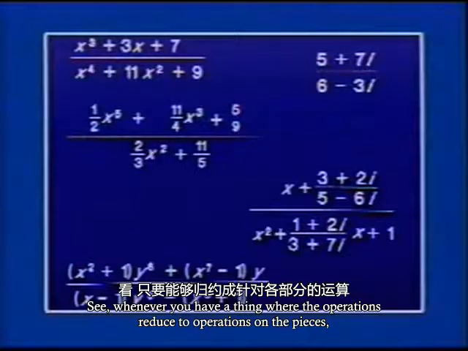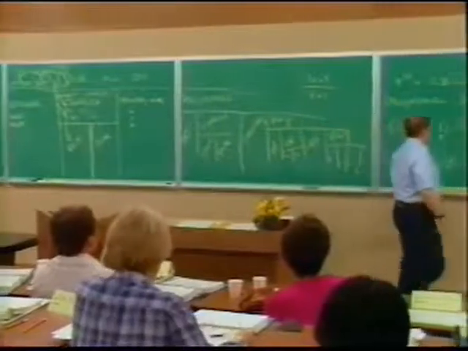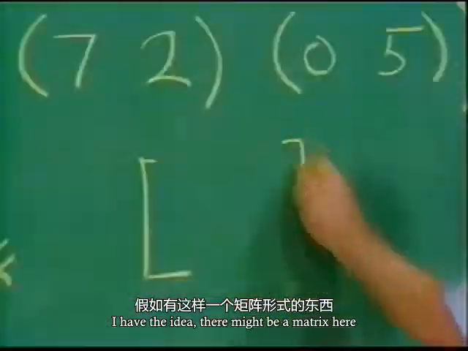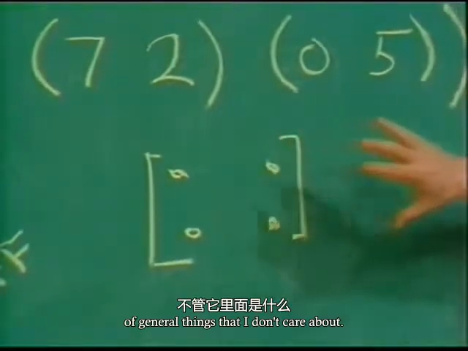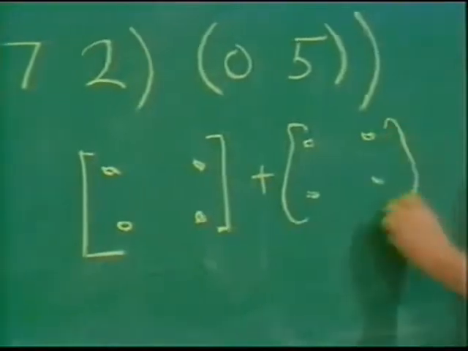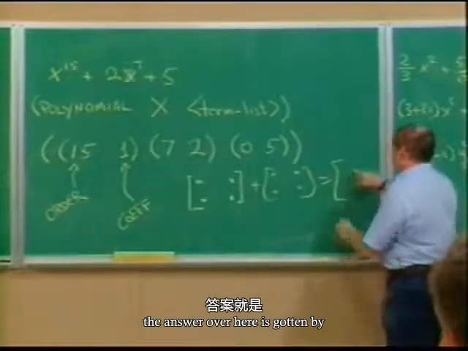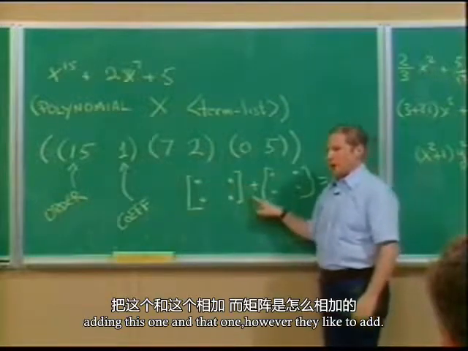See, whenever you have a thing where the operations reduce to operations on the pieces, another example would be 2-by-2 matrices. I have the idea there might be a matrix here of general things that I don't care about, but if I add two of them, the answer, say over here, is gotten by adding this one and that one however they like to add.